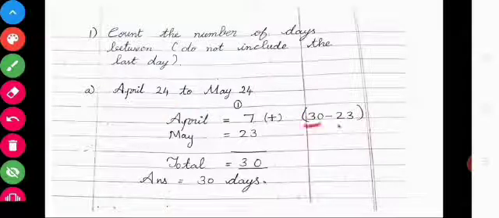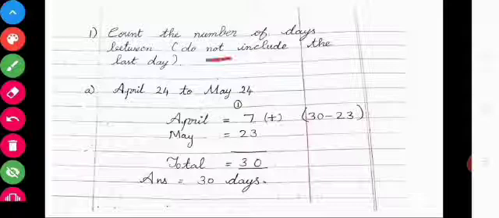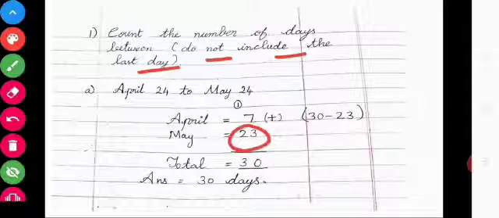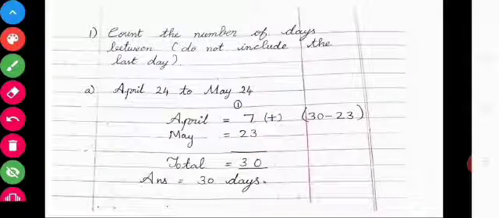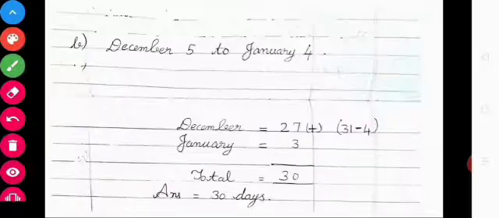So 30 minus 23 is 7 days in April. After April comes May, and since we do not include the last day, you have to write May 23rd. So 23 plus 7. How many days in total? 30 days.